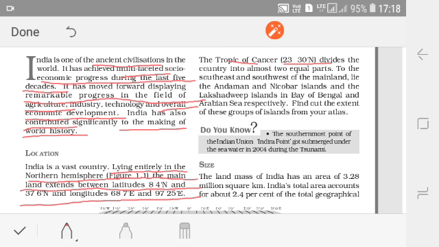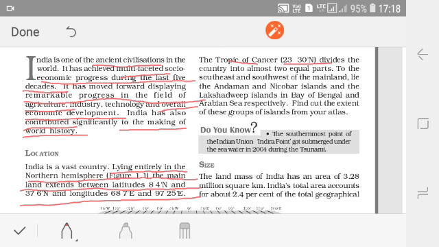The area lying above the Tropic of Cancer is called subtropical area, and the area lying below the Tropic of Cancer is called tropical area. So we can say the Tropic of Cancer is dividing the country into two equal parts.